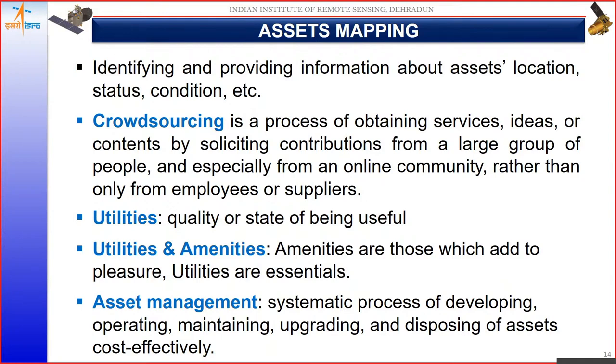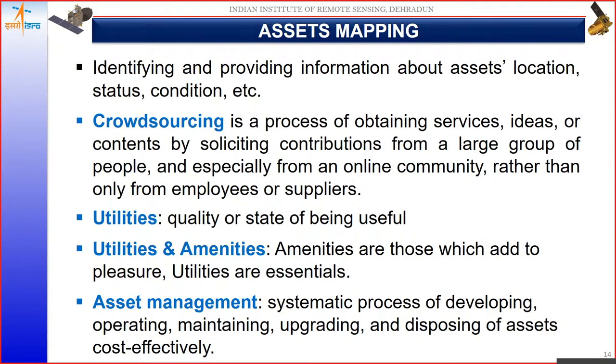Using the GNSS, you have mapped the assets, and then you can attach the attribute depending on the site characteristics. You have got a mobile phone, or you may have got an advanced instrument, and then you can find out the location, status, or the condition in the attribute table.